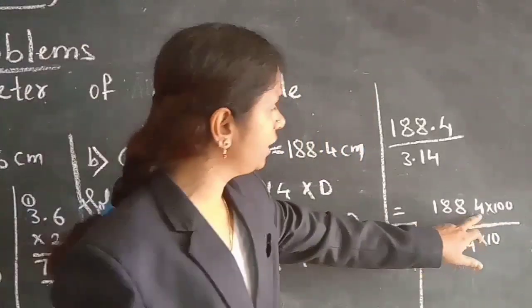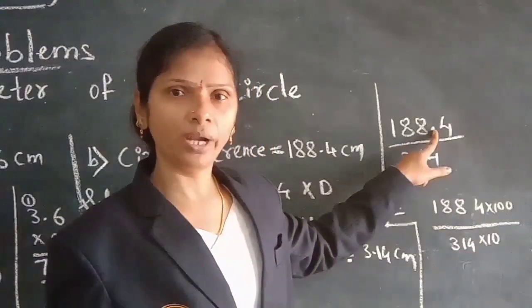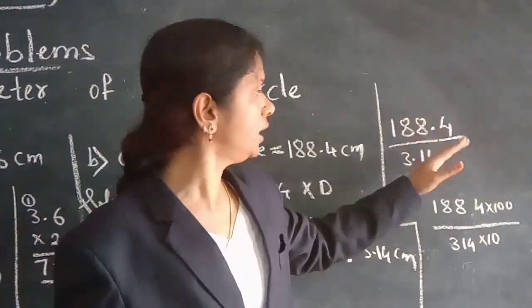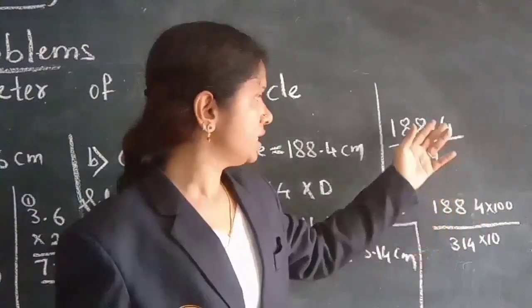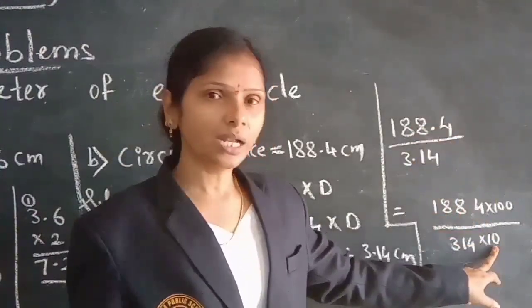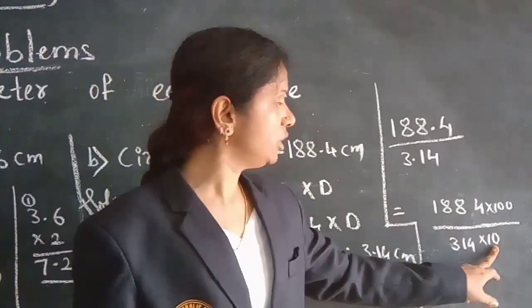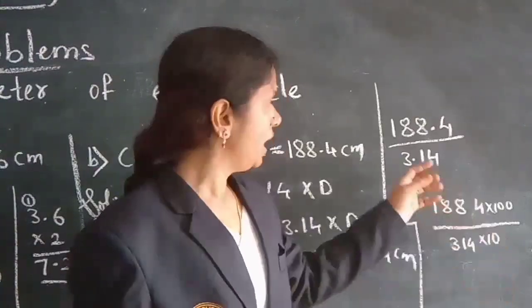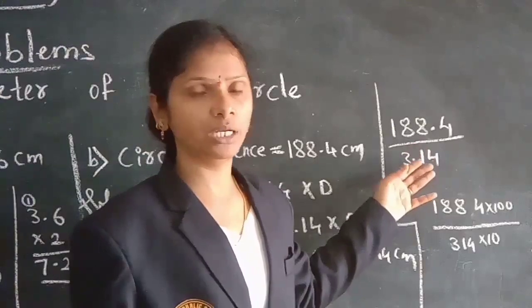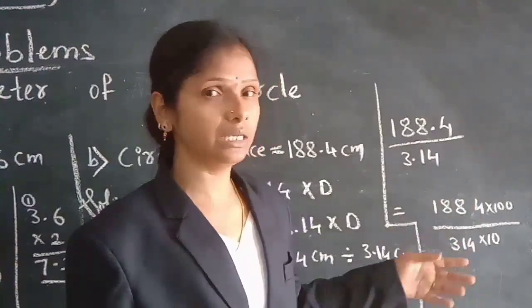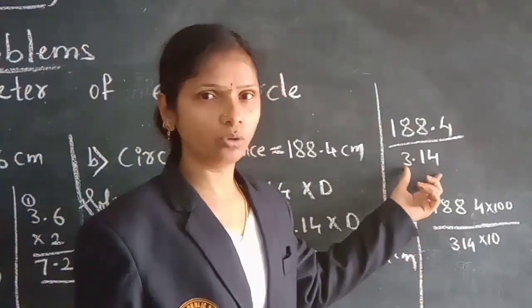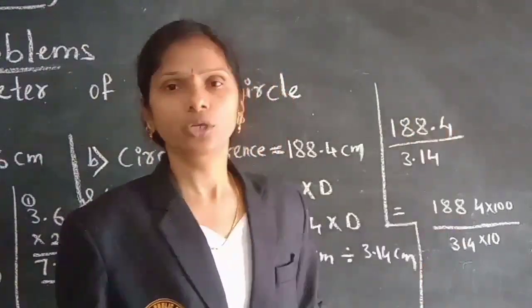And again I am repeating here, when I am removing the point from the numerator, we need to write 10 or 100 or 1000, it depends on the decimal number. That value you need to write into the denominator. And when we are removing the point from the denominator, whatever the 10, 100, 1000, it depends on the decimal, already I told you, you need to write into the numerator.